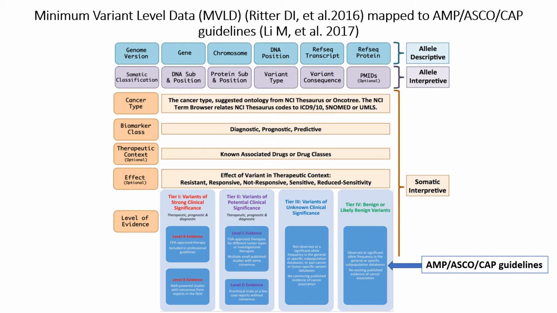Tier 2 variants are those with potential clinical significance, where the variants have some clinical evidence in FDA approved therapies or therapies included in professional guidelines for a different tumor type. Or there is evidence in investigative therapies or preclinical studies associated with those variants. Tier 3 contains variants of unknown significance, and Tier 4 contains variants deemed benign or likely benign.